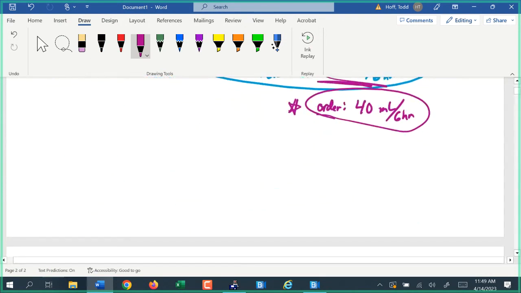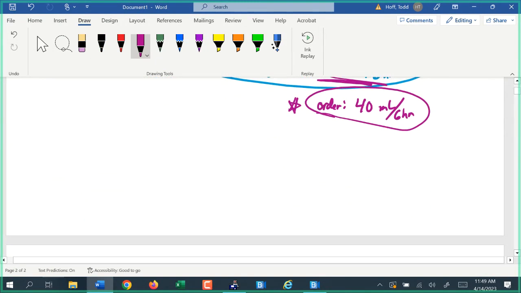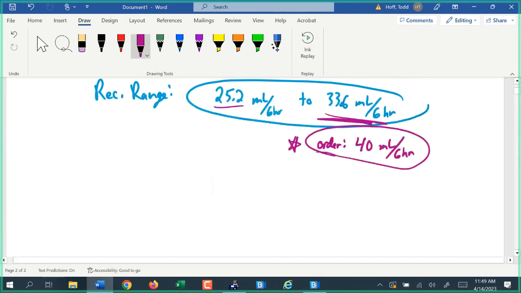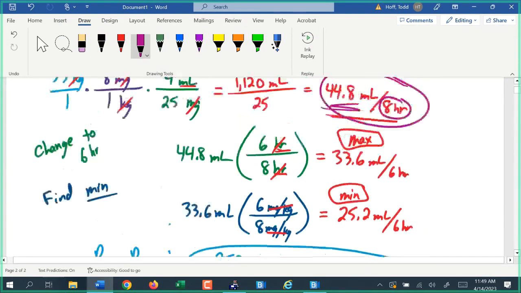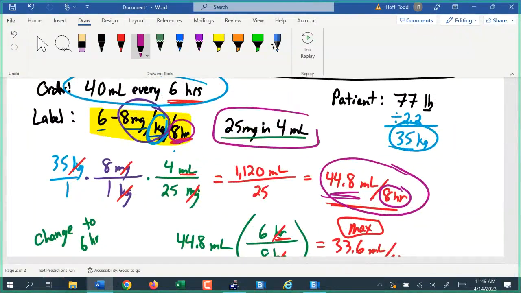Other possibilities could be a change in supply. This is very common that you run into this, where the last time the doctor gave out this order, the concentration may not have been constant. Instead of being 25 milligrams in 4 milliliters, it might have been 25 milligrams in 6 milliliters.